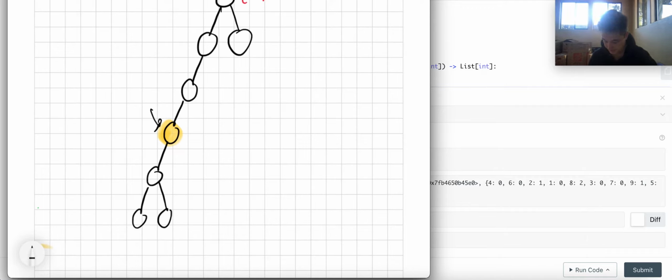Okay, but since we're removing a node at this level, that must mean there's a node above this node at a level -1. So if we remove this node, then the longest path is just level, right? Because if you can remove a node, that must mean it has a parent node. And if you remove a node at a certain level, that must mean there's a node at a previous level.